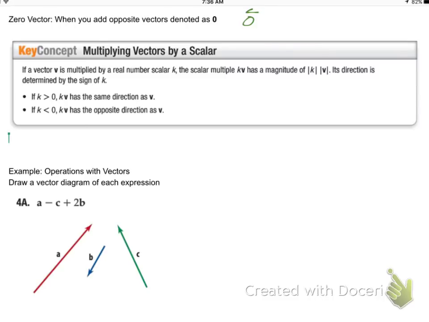If a vector v is multiplied by any real number scalar k, the scalar multiple kv has the magnitude of absolute value of k times the magnitude of v. If you multiply a vector by a scalar, its magnitude is multiplied by that scalar. The direction is still determined by the sign of k. So if k is positive, it's the same direction. If k is negative, it's the opposite direction.